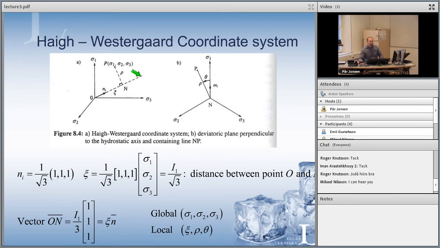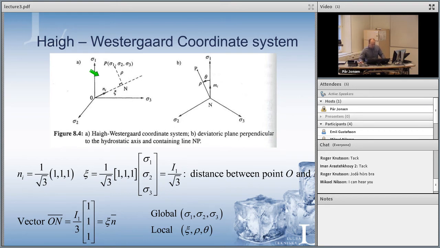Here we put the coordinate system, and origo here, when you have 0 stresses. This is totally unloaded. You don't have any stresses in any material point. And if you look at this coordinate system, exactly in the middle between the 3 axes, you have the pressure axis. This is a normalized vector along the pressure axis here.